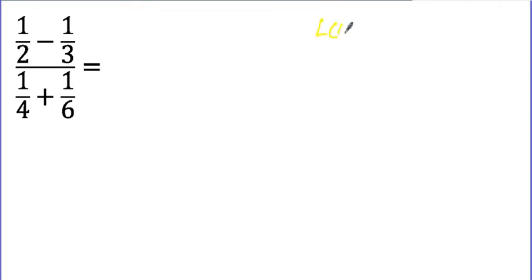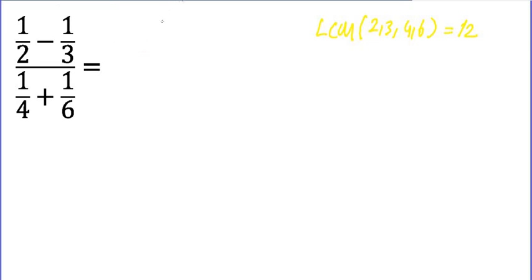The LCM of 2, 3, 4, and 6 is 12. You should already know how to find the LCM of numbers.